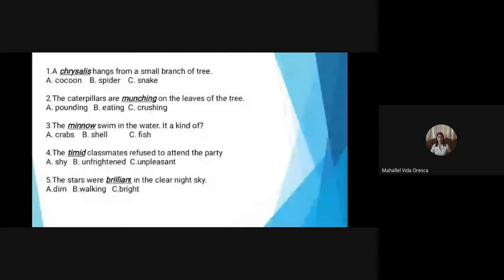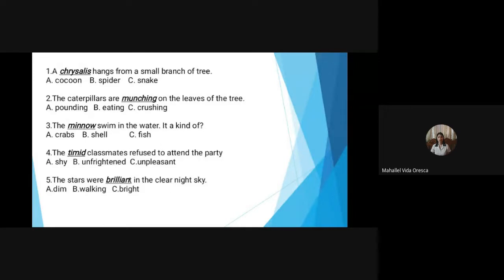Number 1. A chrysalis hung from a small branch of a tree. Okay, very good. The caterpillar is munching on the leaves of the tree. Okay, very good. Eating.